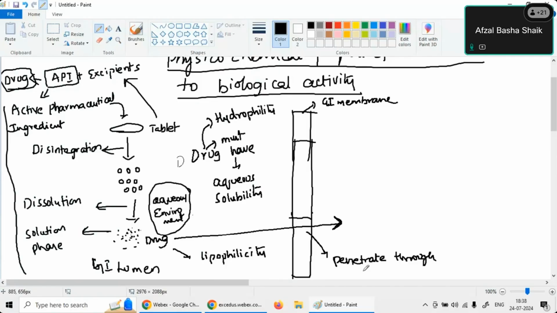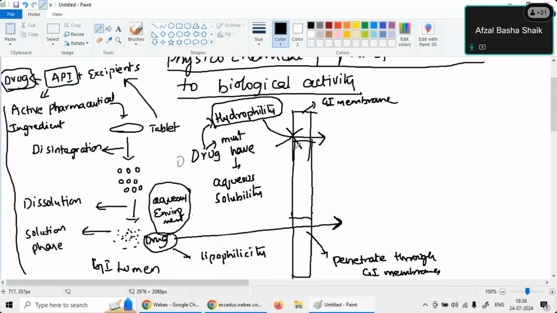GI membranes or any membranes, the drug should have lipophilicity. If the drug is too hydrophilic, can it cross the GI barrier?